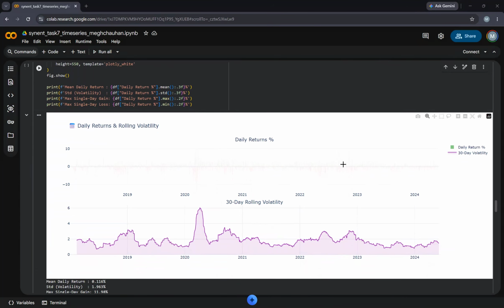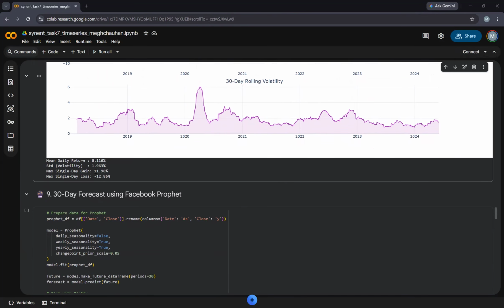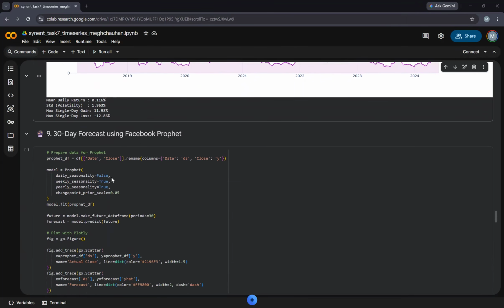The upper index indicates positive return, and the lower indexes indicate that there has been a loss. This is the maximum numerical data that we have gotten from all of this, which is 11.98% and minus. This is the highest gain and this is the highest loss that we have received.